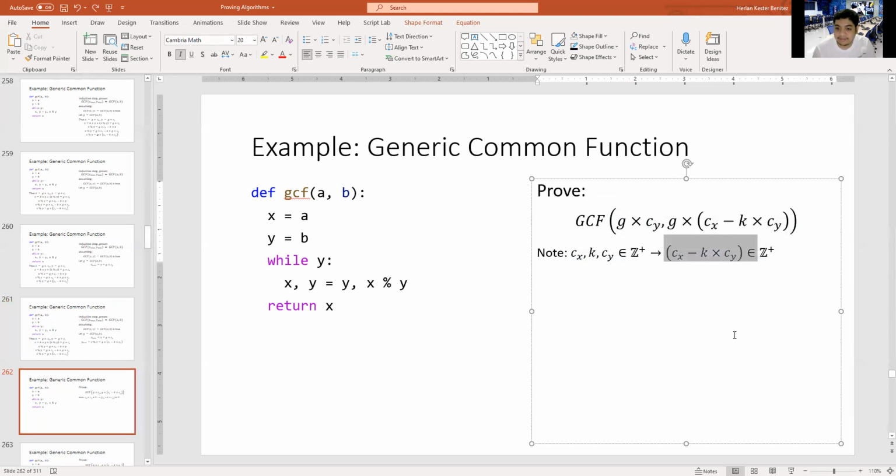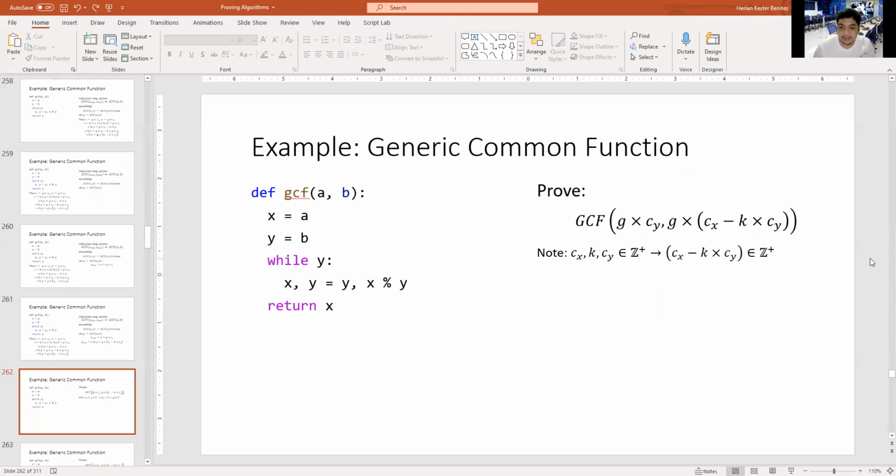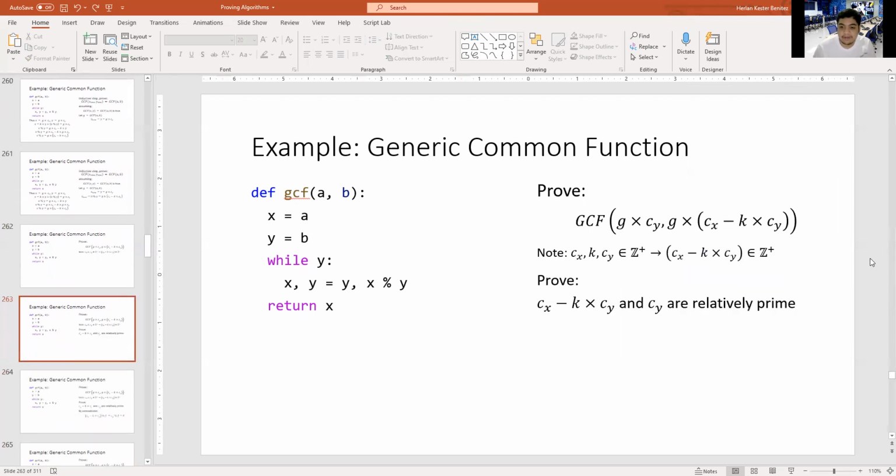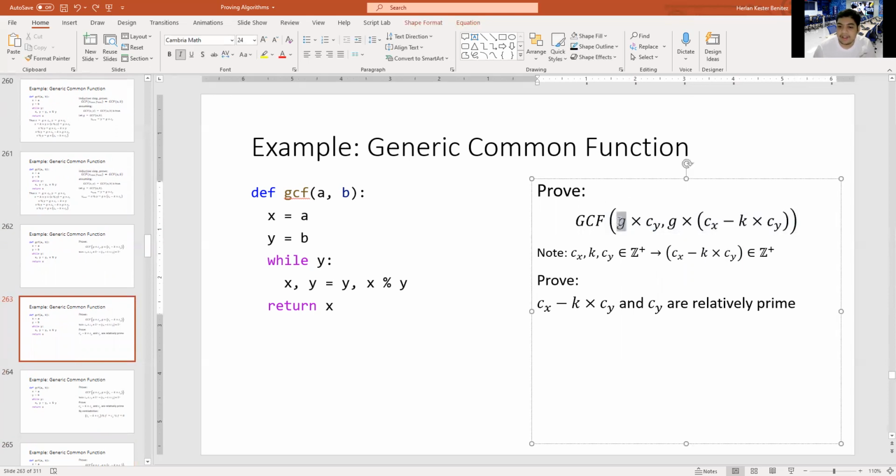So, yung term na to, we expect it to be an integer as well. So, something to note lang din before continuing. So, ayun, we have shown na may common factor sila na g, yung dalawang terms natin.